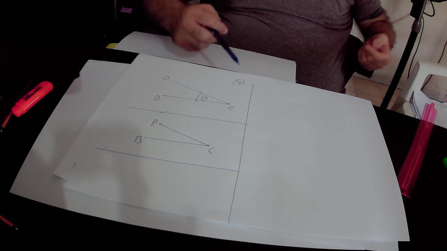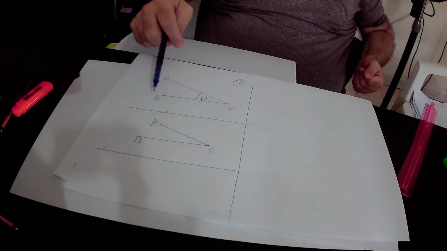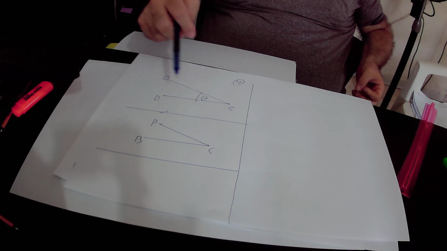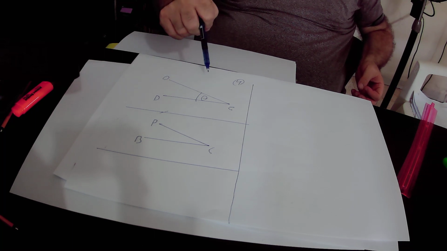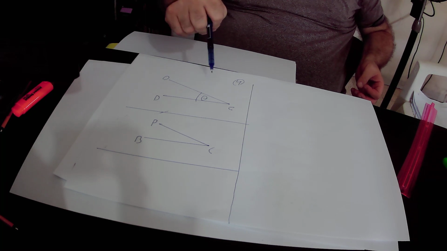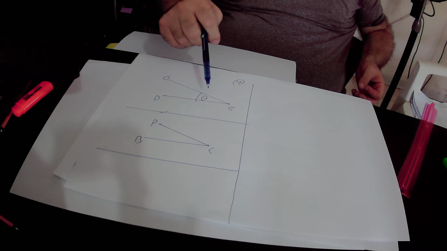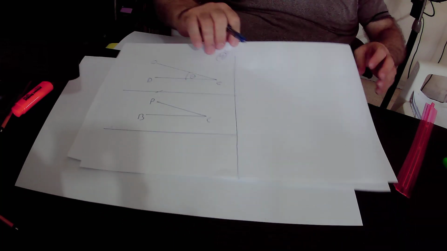DC and BC is a common leg, so only if the second leg of the angle is also located on the same straight line will the two angles be equal to each other. Otherwise, those angles will be different angles. So if this angle is theta, then this angle will be equal to alpha.